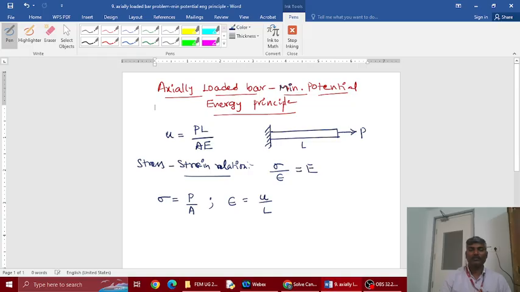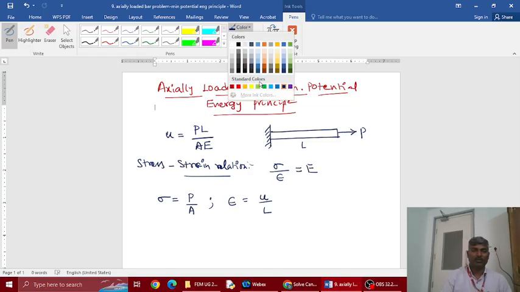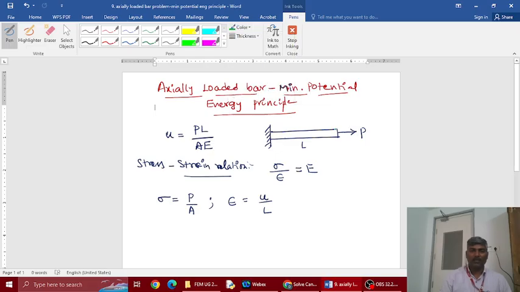For example, after you apply this load, let us say the bar has elongated this much, U. So this is the elongation, nothing but deformation. The change in dimension by original dimension is the strain.